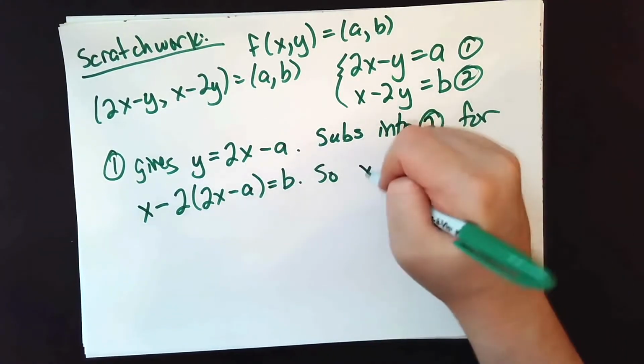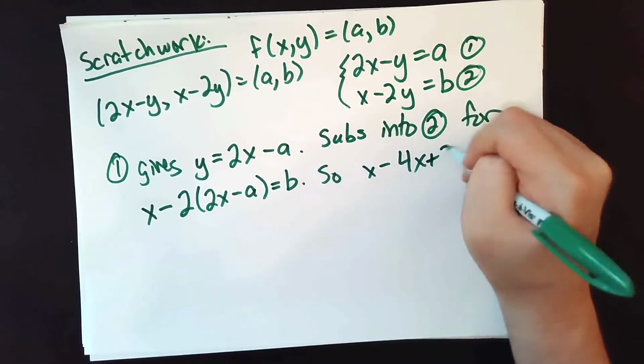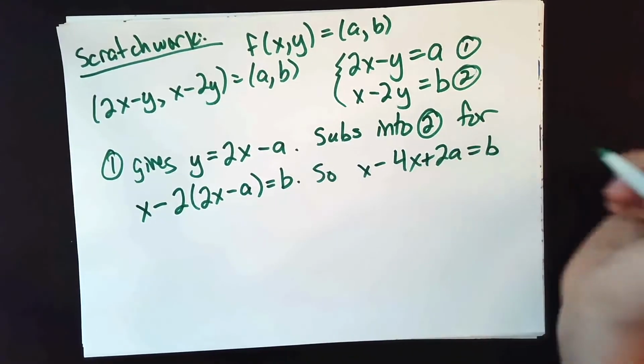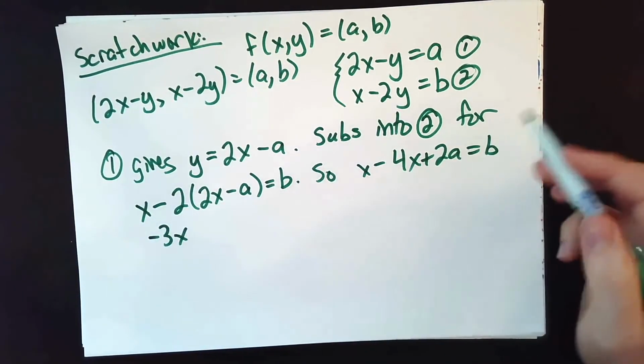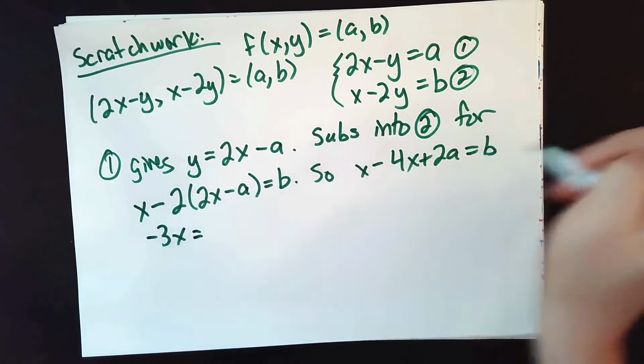So that will give me x minus 4x plus 2a equals b, which is to say minus 3x is equal to b minus 2a.